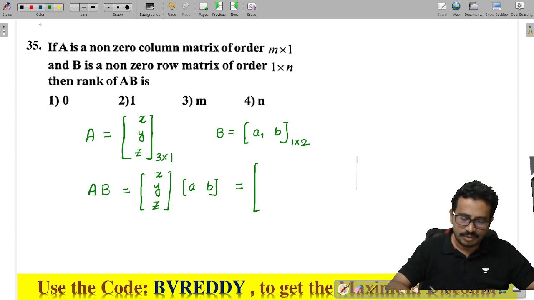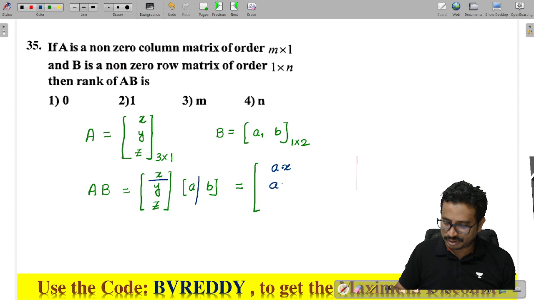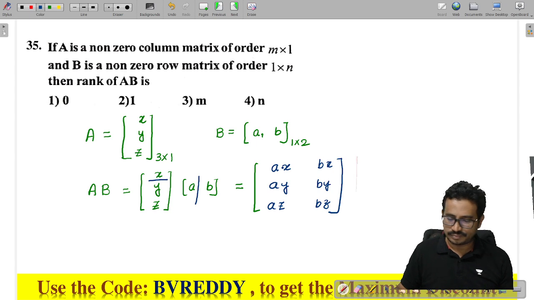Now you can tell me, we can multiply rows with columns. So what I will get now is AX, AY and AZ, and BX, BY and BZ.